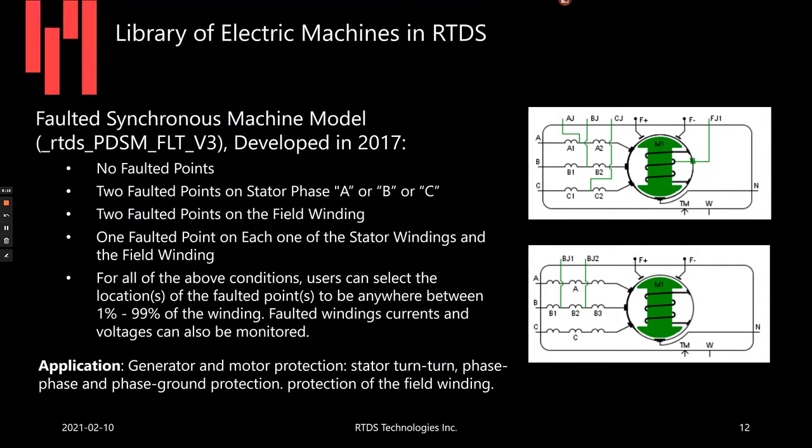As a user, you could allow the machine to have no faulted points, two faulted points on each of the stator phases, or faulted points on all of the windings, or two faulted points on the field. You could move the location of the fault between 1 and 99%. An application is generator and motor protection: stator turn-to-turn, phase-to-phase, and phase-to-ground protection, and protection of the field winding.